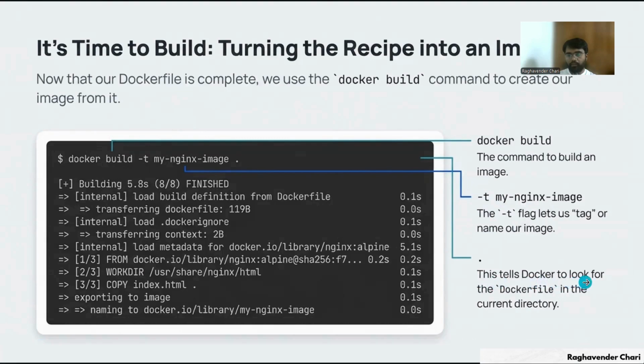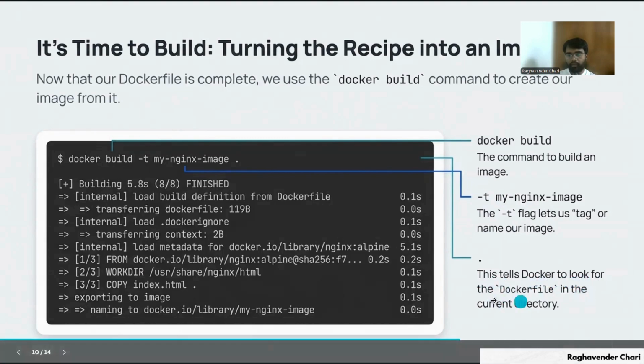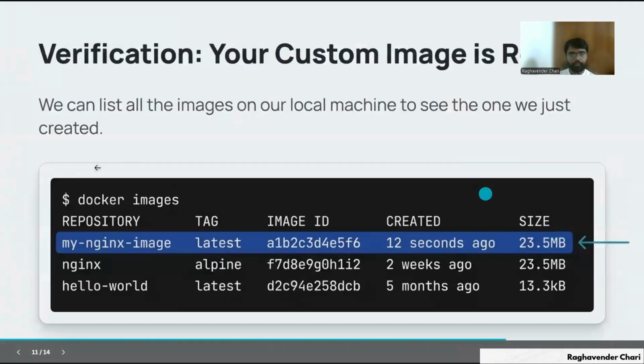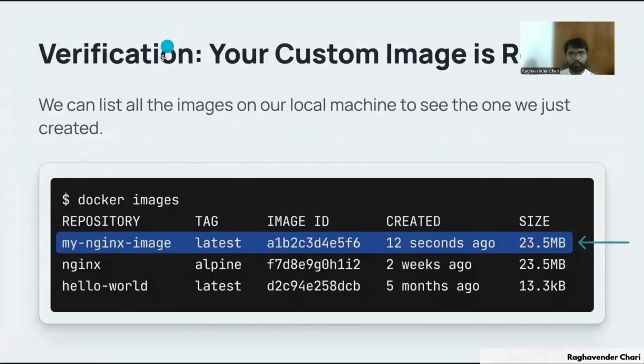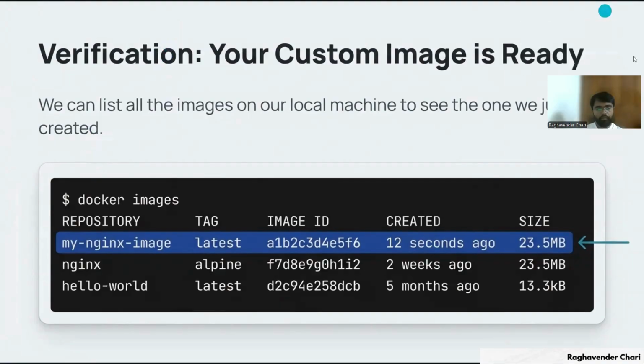Now we need to verify using the docker images command. We can list all the images on our local machine to see the one we just created. So we'll check docker images.